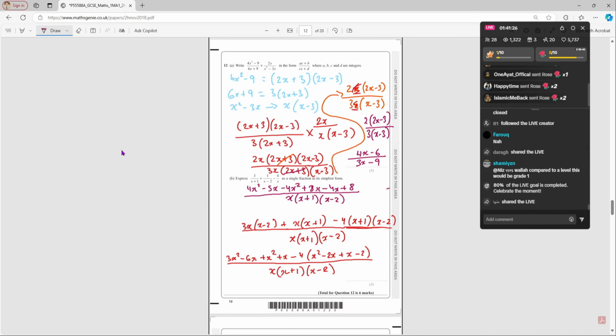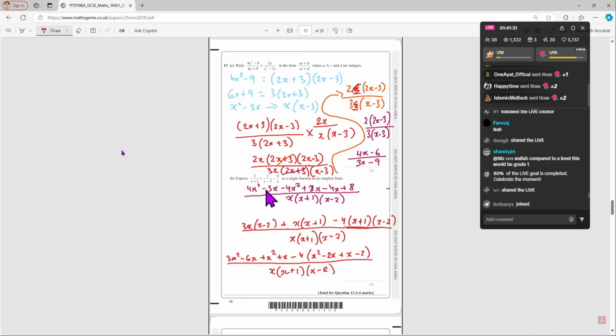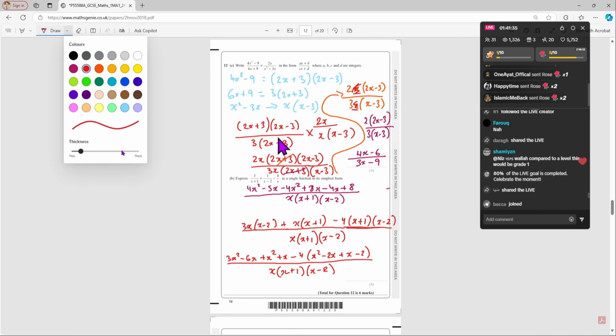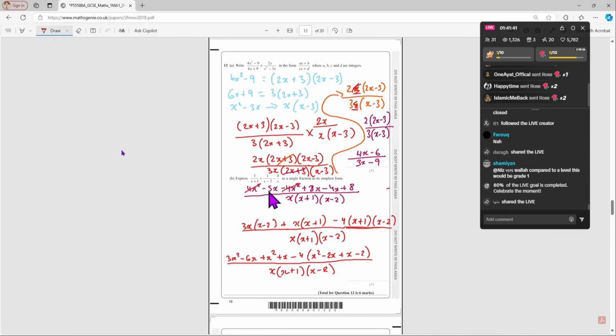And now once we have done that, we're going to simplify even further. You guys can notice that we have 4x squared minus 4x squared, which will cancel each other out. So that's going to give us 0. Then minus 5x plus 8x is going to give you 3x.